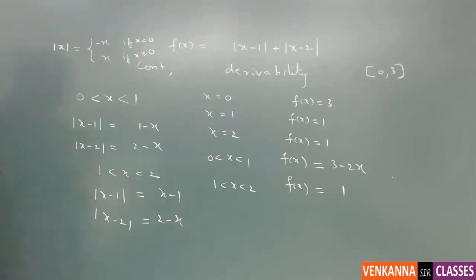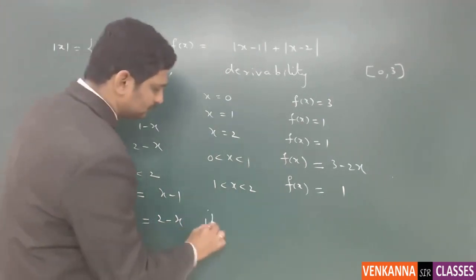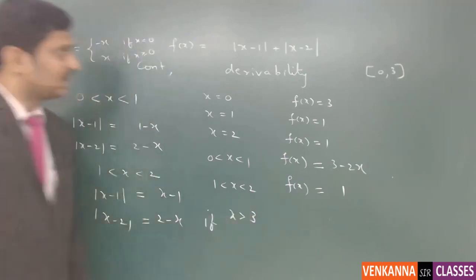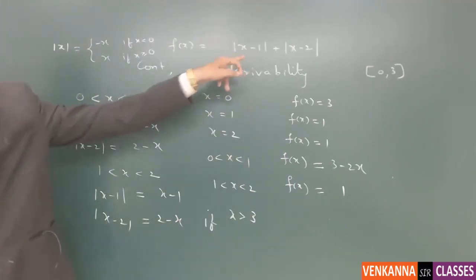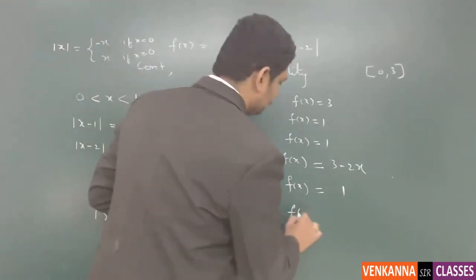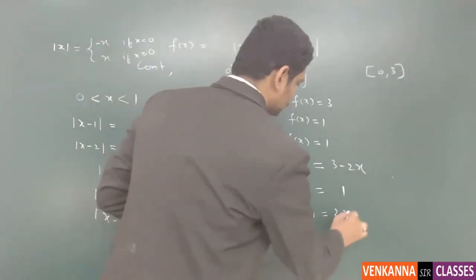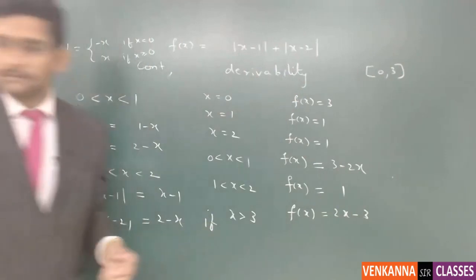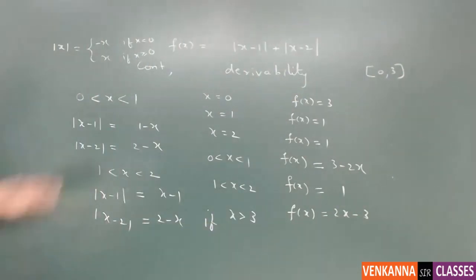Now if x is greater than 3, then the same values will be taken, x minus 1 plus x minus 2, it will be 2x minus 3. So this is about the bifurcation of the function. Any questions over this to anyone?